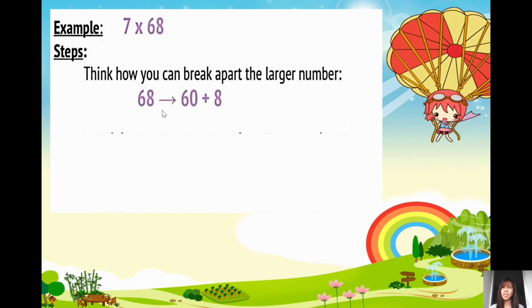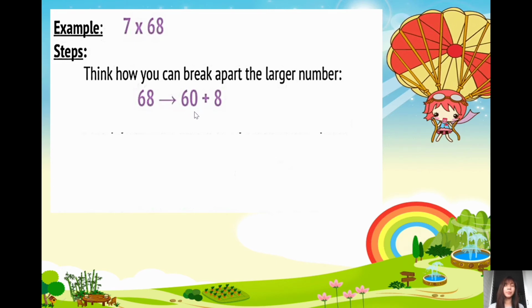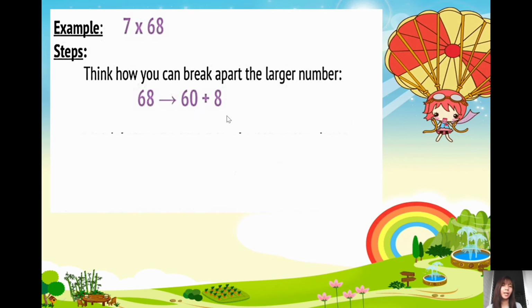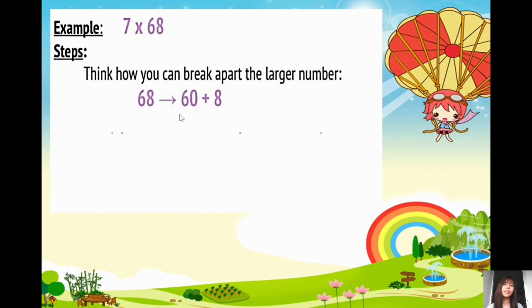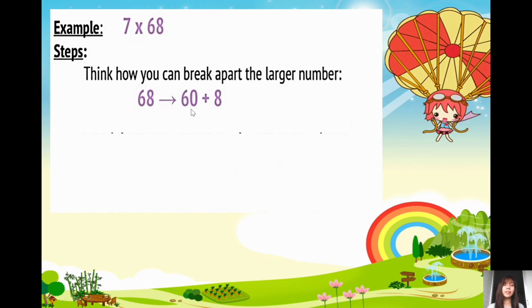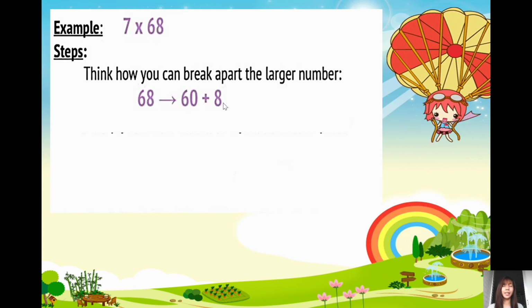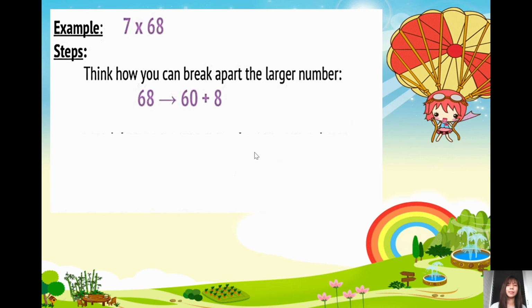Let's say 60 plus 8. If we have 60 and it ends with 0, it will be easier for you to multiply, especially if the number is only one digit, like 60 and then 8. And 68 is 60 plus 8, right? So let's multiply this by 7.